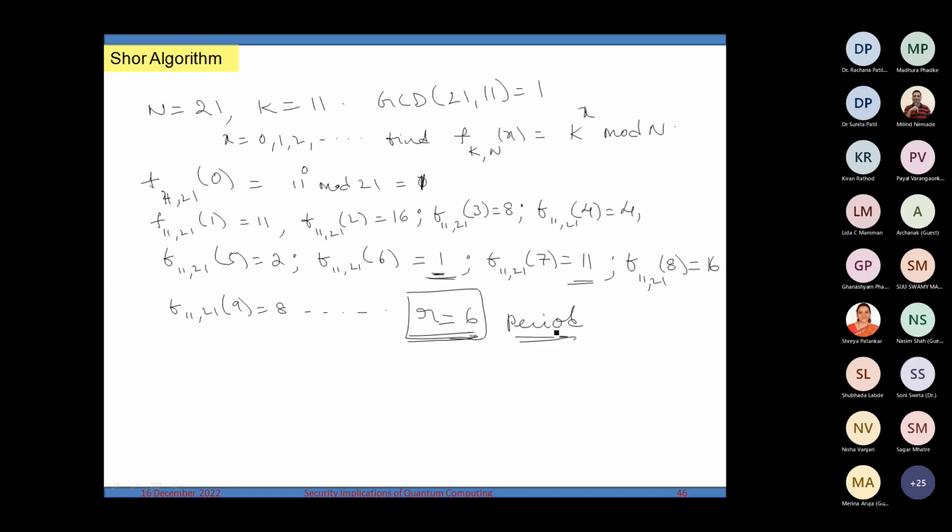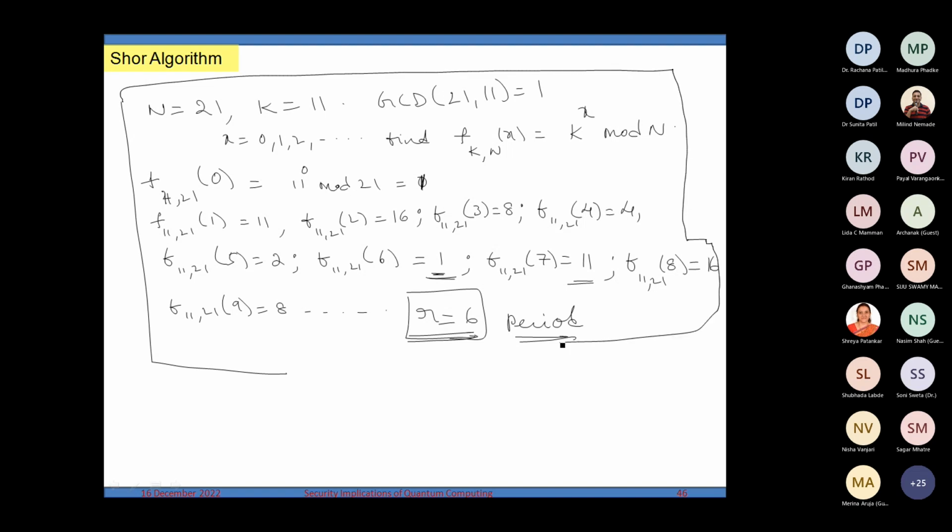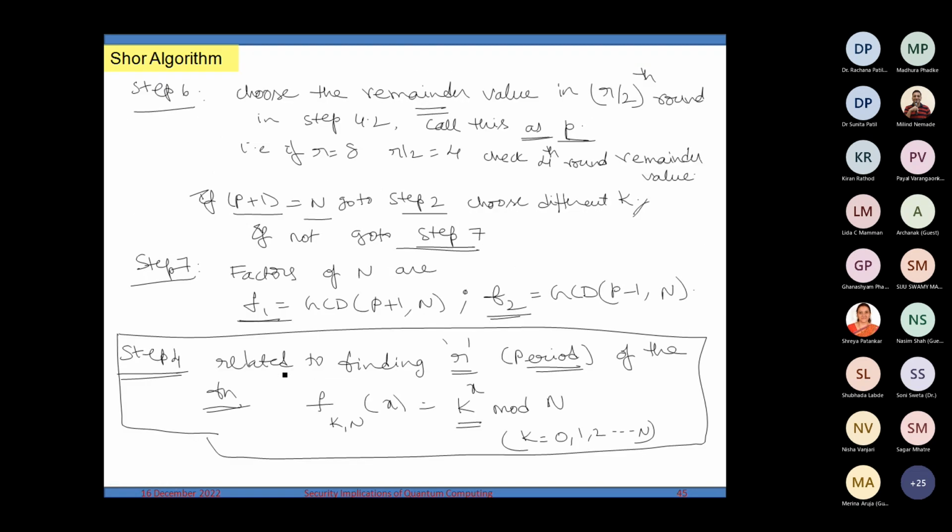Okay. Now this is the interesting step of Shor algorithm, finding the period. Once this period is found, you are able to calculate the factors. Because what we did, once you have the period, you check the remainder value in that particular r by 2th round, and that particular value you called p.